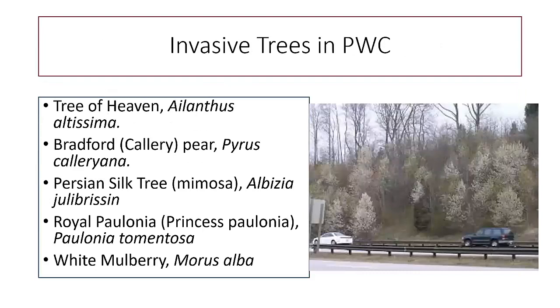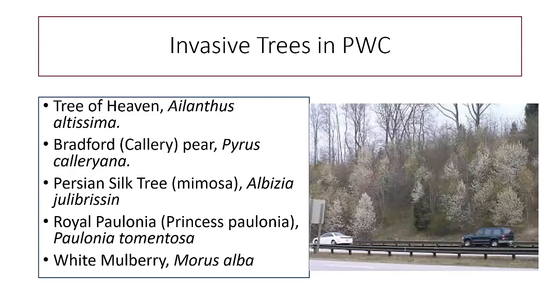Here in Prince William County, there are 5 trees that were identified on the top list of invasive trees. The first is our friend, the tree of heaven, also called Ailanthus. The second tree that I'm going to talk about is the Bradford pear, and the picture on the right shows Bradford pears that have sprung up along a roadside.